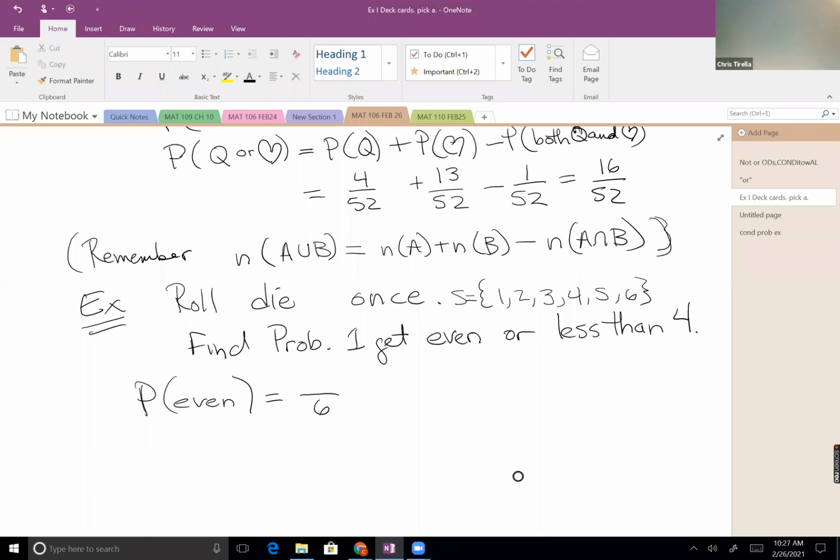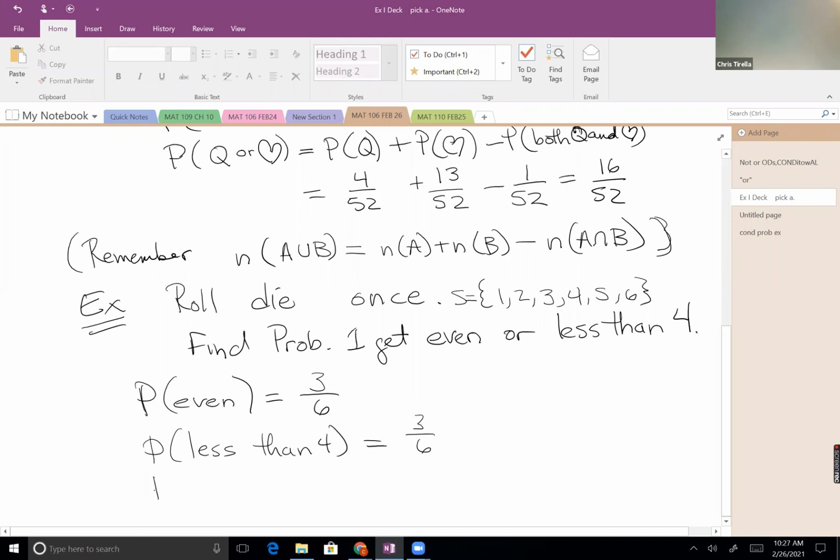So what's the probability of getting an even number? How many of those 6 are even? 3. Beautiful. What's the probability that I get a number less than 4? 3. And then we have to find the probability that there's an even that is less than 4.